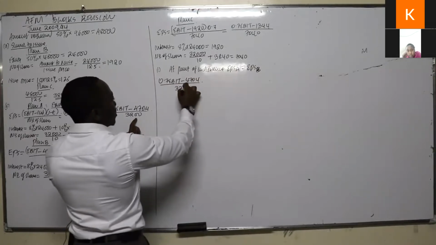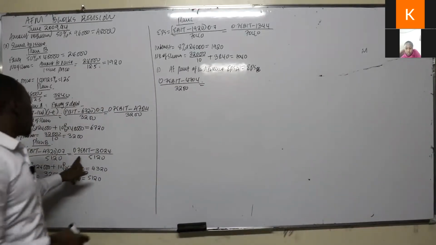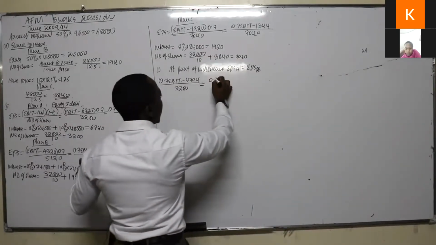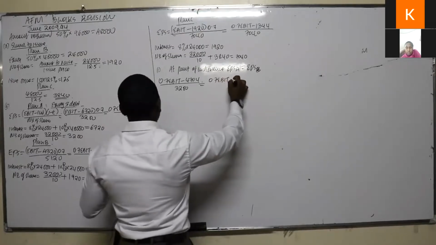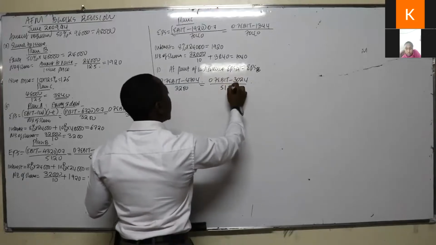We divide by that 200. Should be the same as earnings per share for plan B, which we have, it's 0.7 EBIT minus that 30.24. You divide by 5120.